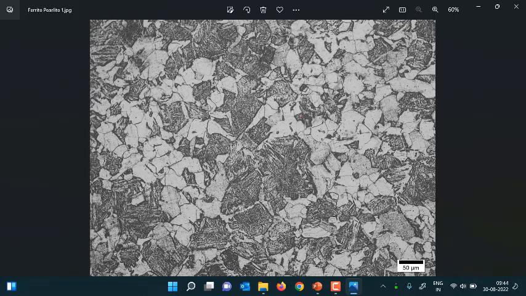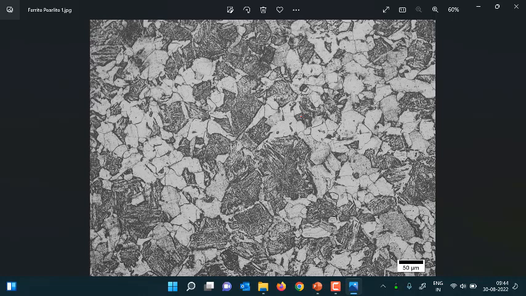All right, so this is what you would see. As I said, this pearlite would form in a particular lamellar kind of morphology, and it would form in pockets or what we call colonies. Okay.